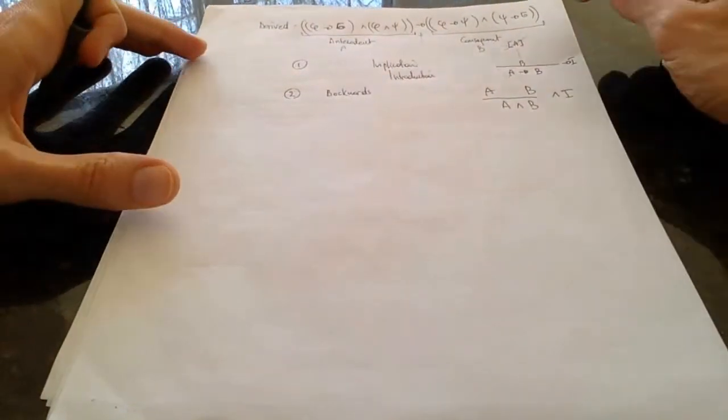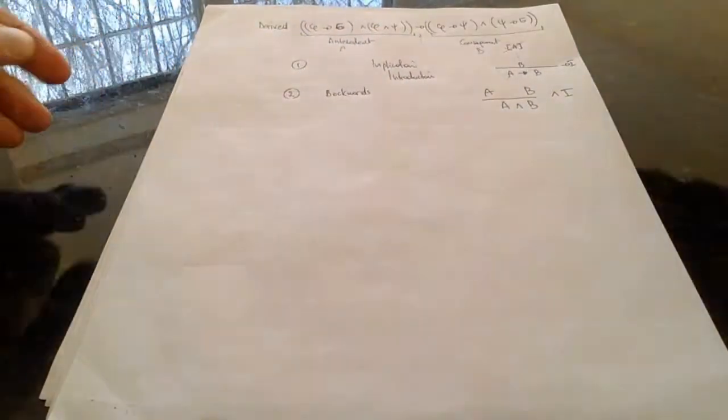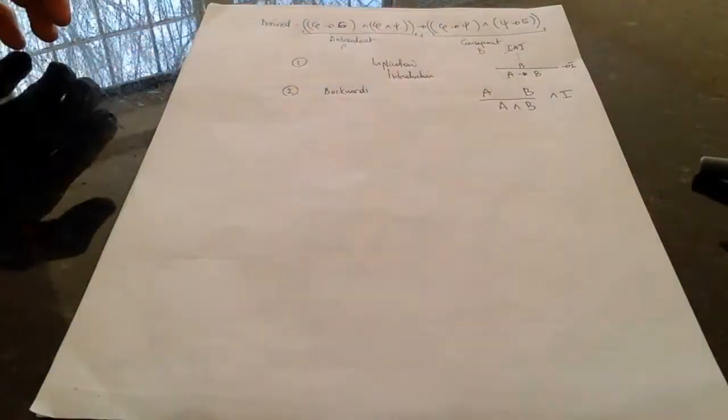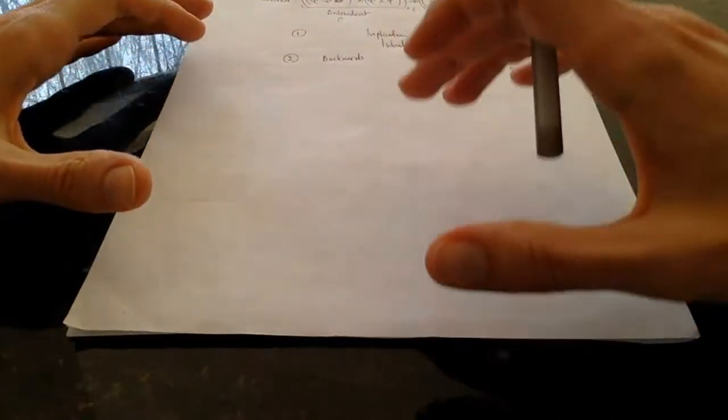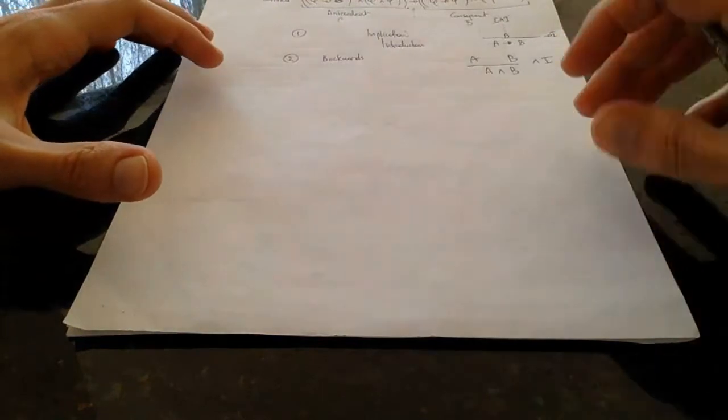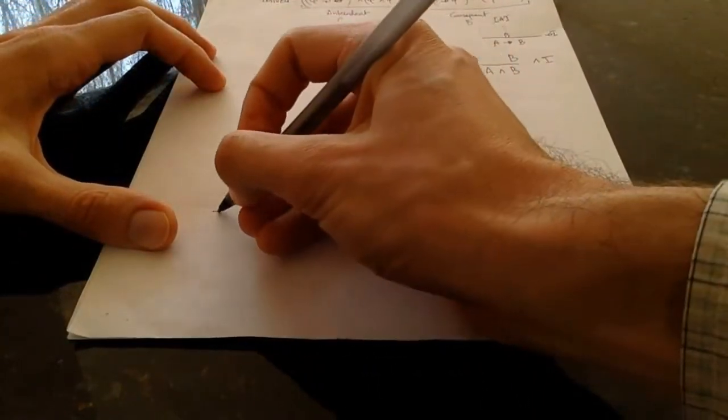Okay, so this is the formula we want to derive. Since we want to work backwards, I'm going to write this formula at the bottom of our derivation. I don't know what my derivation will look like, but I'm just going to write the formula I want to derive at the bottom. And so here we go.